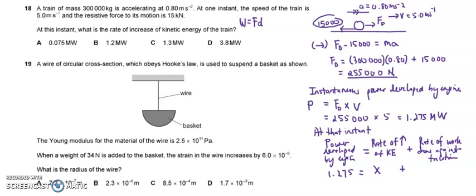Since the distance per second is 5 meters, we take the friction 15,000 Newton multiplied by the speed 5 meters per second. Calculating this, we get x as 1.2 megawatt. Alright, so that is the answer for B.